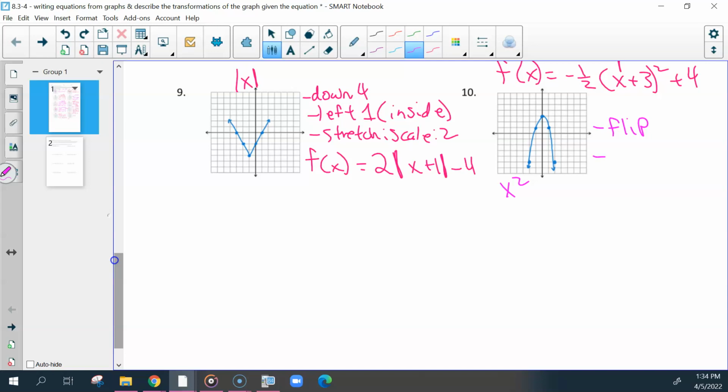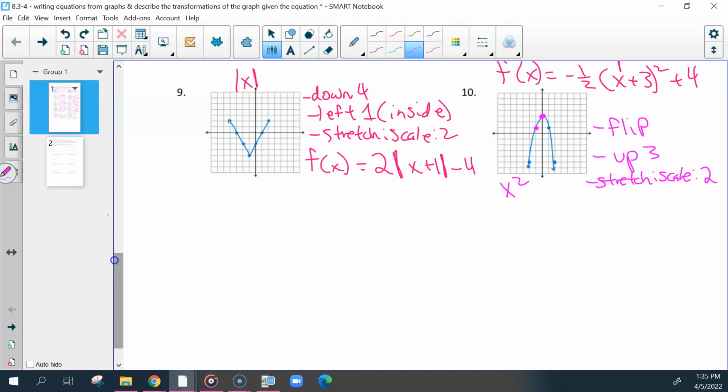I think it's 3, yeah. I did one other thing. Stretch. It is stretch. And if you're looking at your vertex and looking at one of these points, the difference between those is what? There we go, 2. So this would be a stretch of 2.